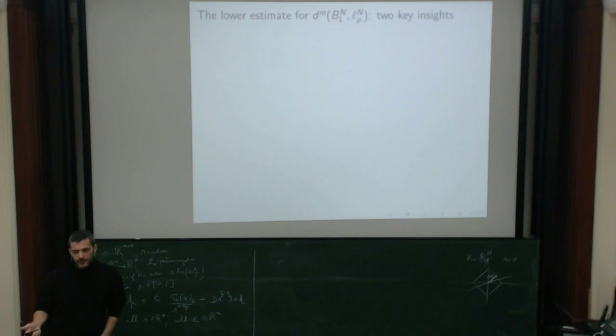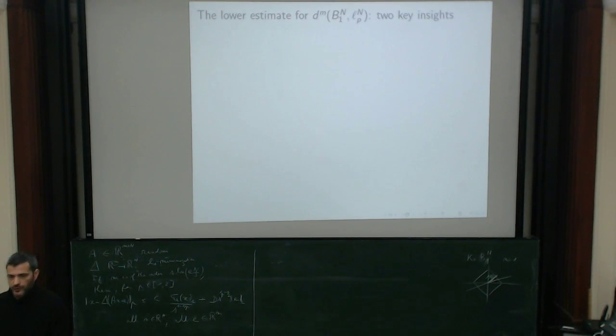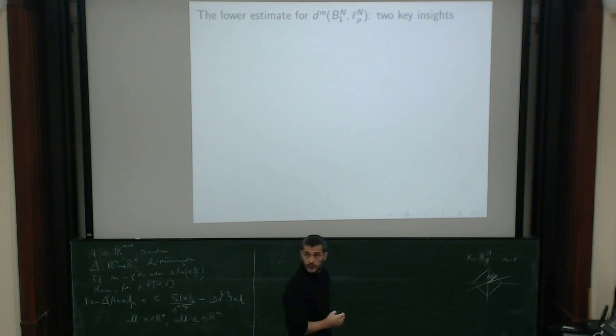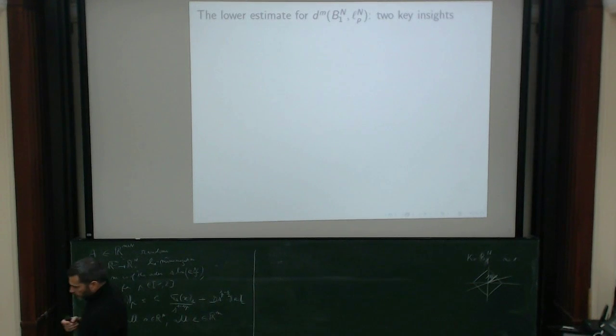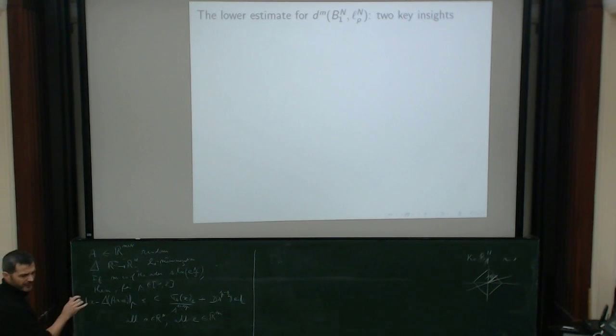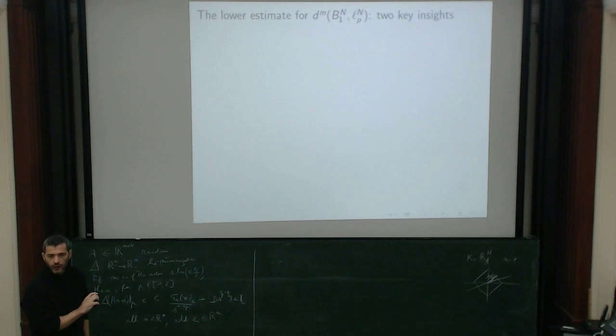Now I'm not happy with just accepting the lower bound for the Gelfand width. I want to know why this is true. And so that will be the next part of the slides. And there are basically two key insights. The rest afterwards, I'm still going to show you how it goes.